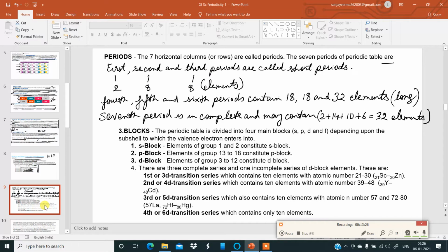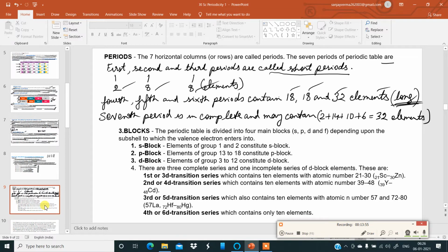Then talking about the periods very quickly. You know what periods are? The 7 horizontal rows are called periods. The first, second and third periods are called short periods, containing 2, 8 and 8 elements. The fourth, fifth and sixth periods contain 18, 18 and 32 elements, which are long periods.